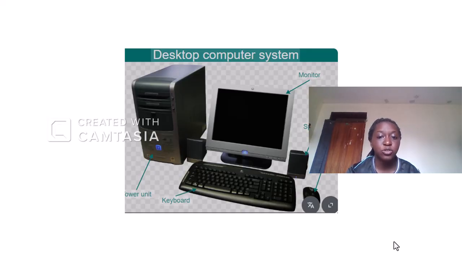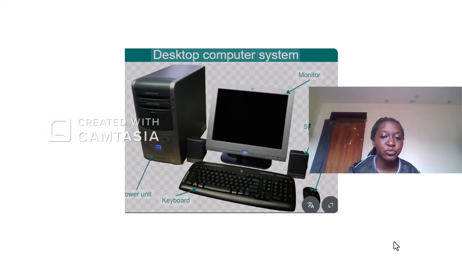We have storage devices, for example hard drives, the hard disk. We have the input and output devices. Input devices are the ones we use to input information into a computer, and output devices produce or output information from a computer.